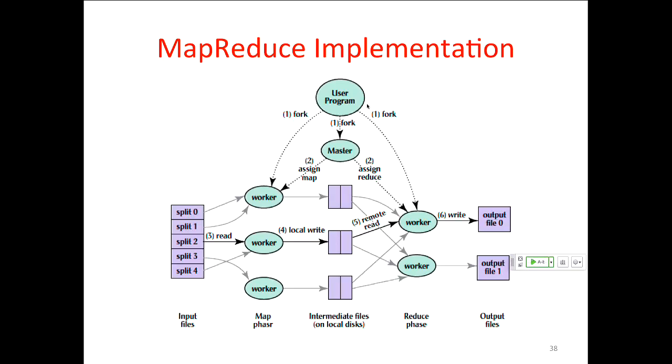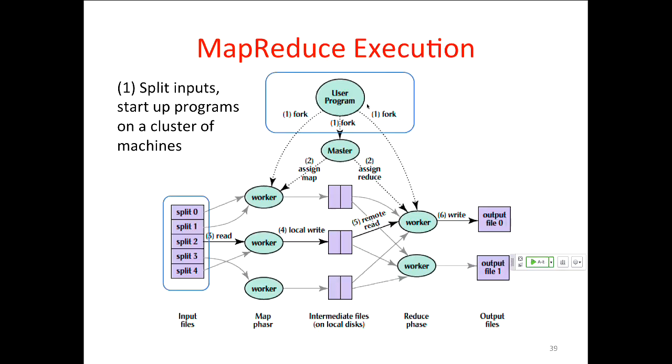And then you have worker servers for map functions and reduce functions. Data is split into smaller chunks of data, which are called splits. And then we start the execution of MapReduce.